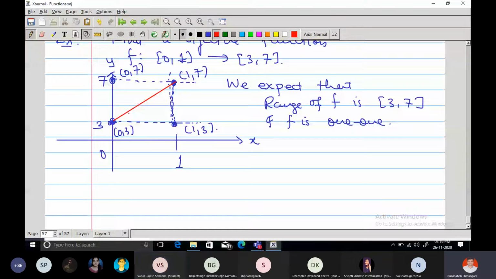Connect the opposite corners of a rectangle. This is one way. And will it be a graph of a function, and a bijective function? What is another way? You can join these opposite corners. This is also a way, right? Either you consider this red line or green line.